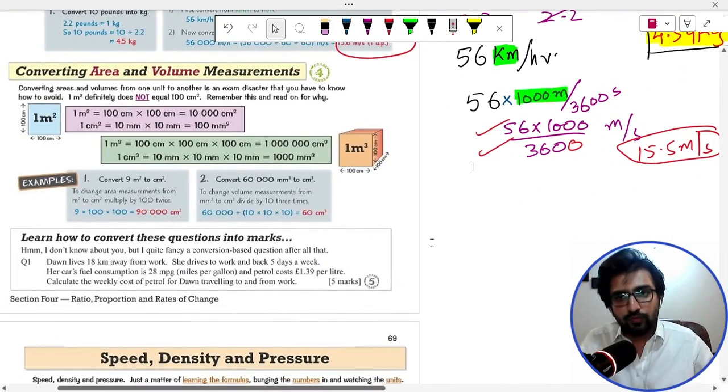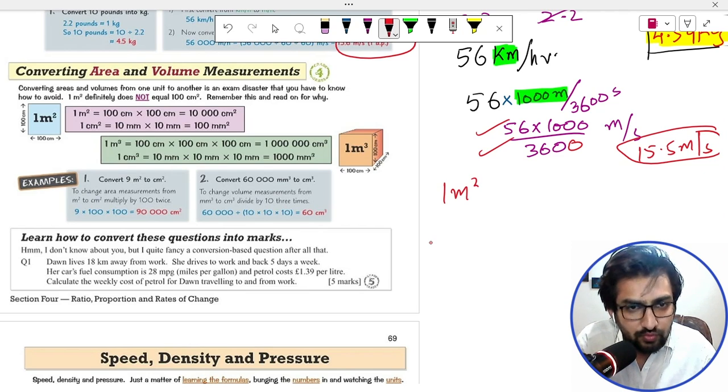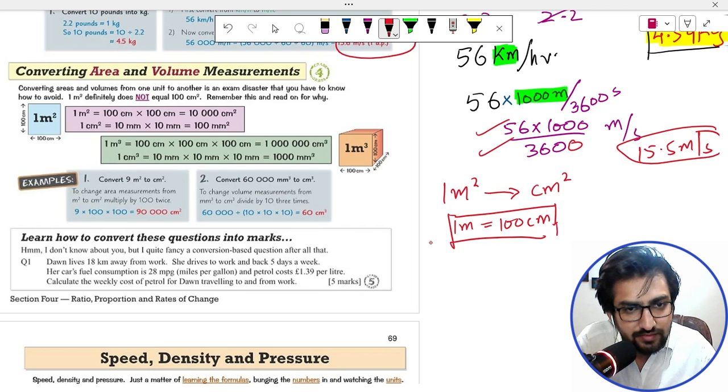Now let's work on converting area and volume. 1 meter square, you want to convert this into centimeter square. You know that 1 meter is equal to 100 centimeters, but there is meter square, this is area, and you want to convert meter square into centimeter square, so you need to multiply 100 two times, because there is square.